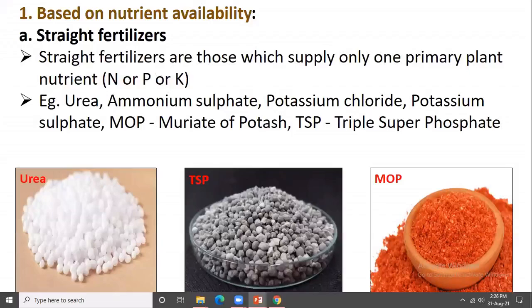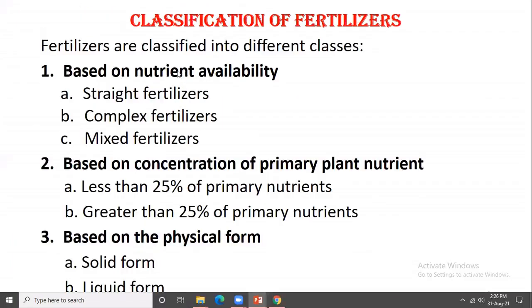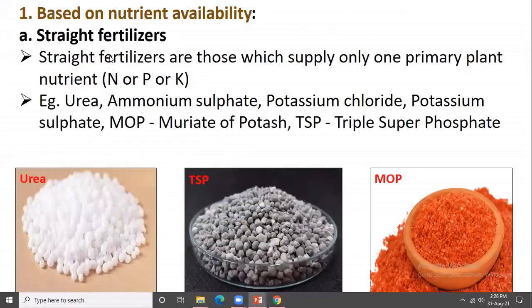Okay. Now we will see, based on nutrient availability, the straight fertilizers. Straight fertilizers are those which supply only one primary plant nutrient. It means nitrogen or phosphorus or potassium or anything. Only one primary nutrient in one fertilizer. It is a straight fertilizer. Example, urea, ammonium phosphate.